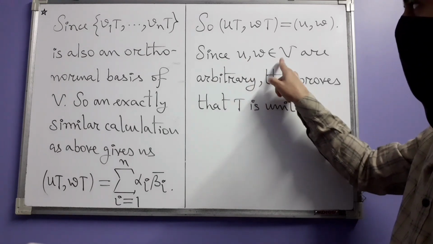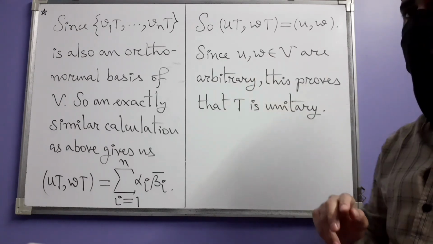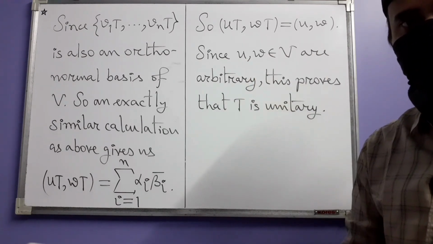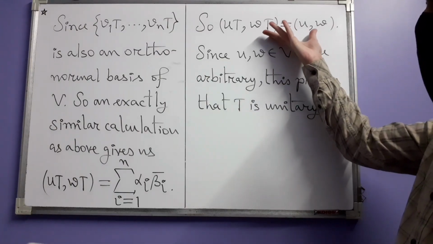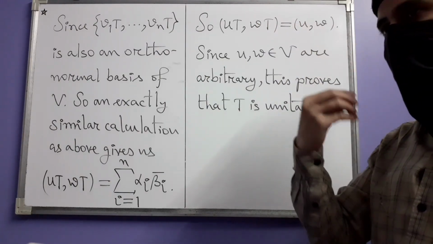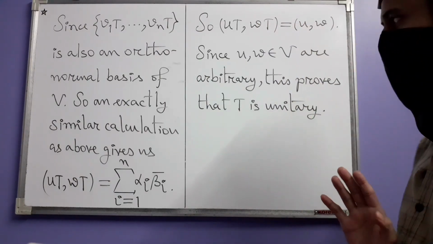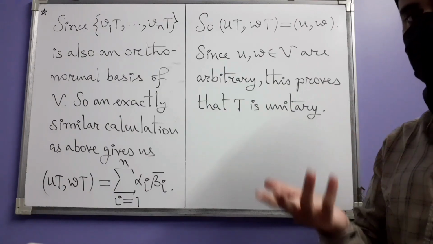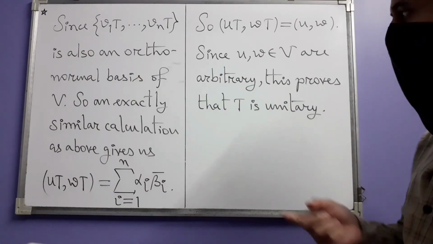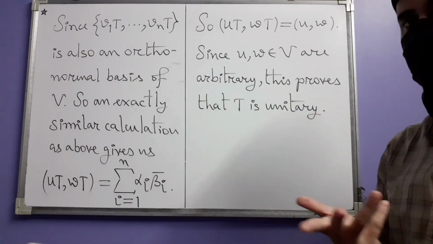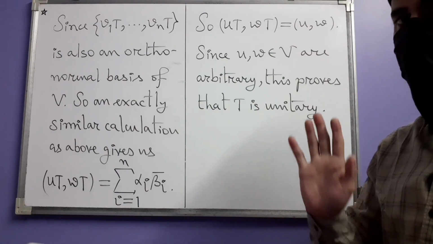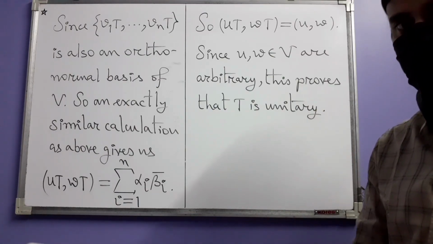And coupled with this other fact that u and w were chosen arbitrarily from our space, this shows that this happens for any vectors u and w. And that just is the definition of unitary T. So that is why T is unitary. So here the converse part also has been proved and the proof is over.